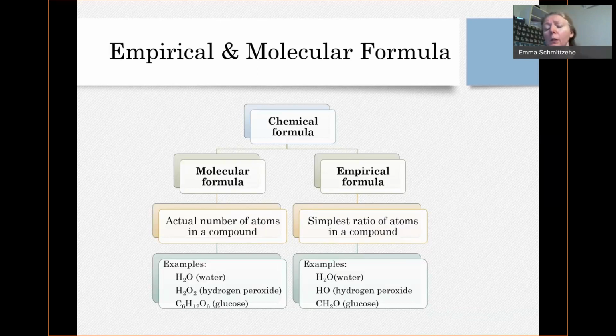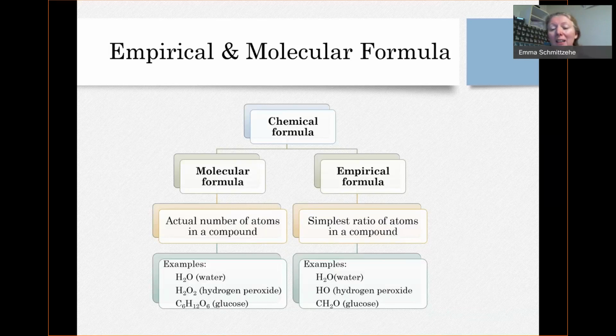Okay. And so when you look at just the proportions, they're the same, whether you want to talk about it in the scaled up version or the scaled down, so the molecular formula or the empirical formula.